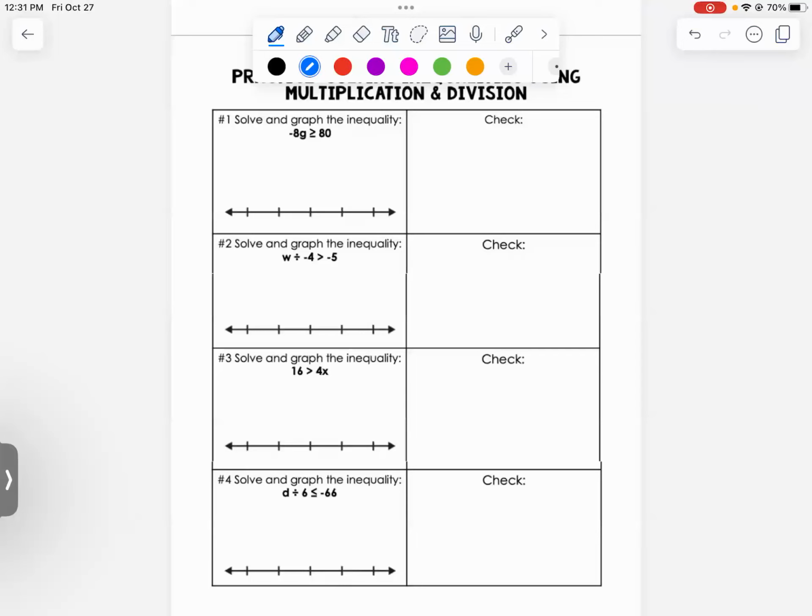Okay, do we divide by negative? Do we divide by negative? That's the inequality.